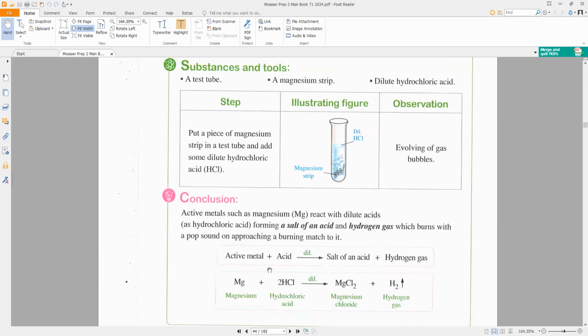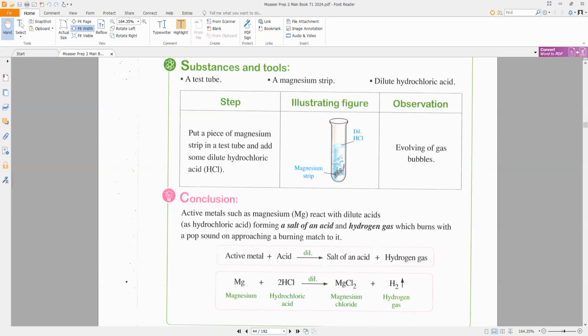When any metal like magnesium reacts with dilute HCl, hydrochloric acid, it produces a salt of the acid, a salt between a positive ion and a negative ion, and hydrogen gas evolves.